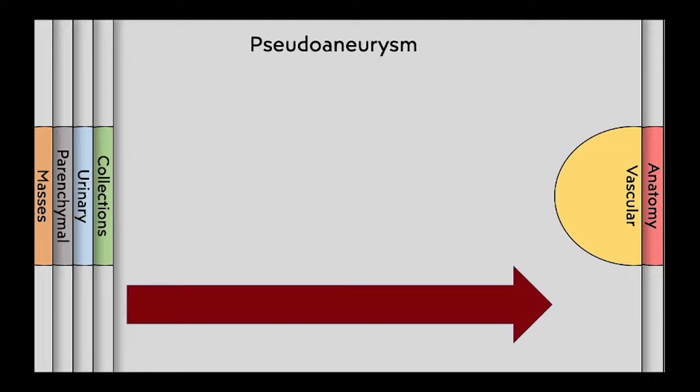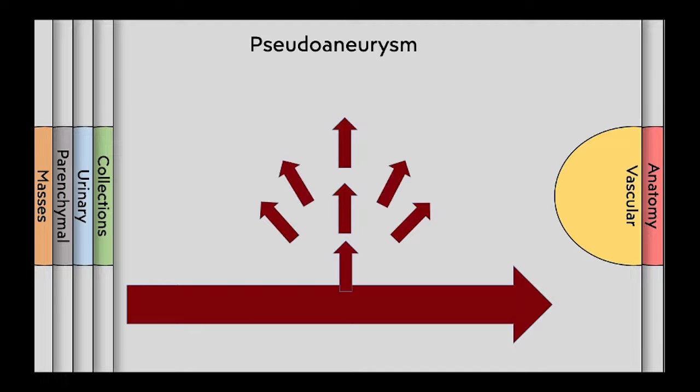Pseudoaneurysms are a rare complication of kidney grafts. Here is a graphical depiction of an artery in the red arrow, in which there is disruption in the arterial wall with blood extravasating.